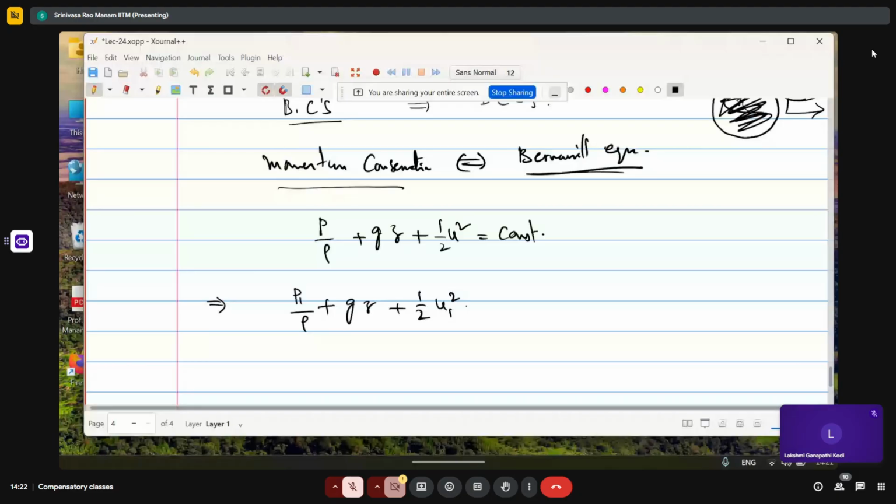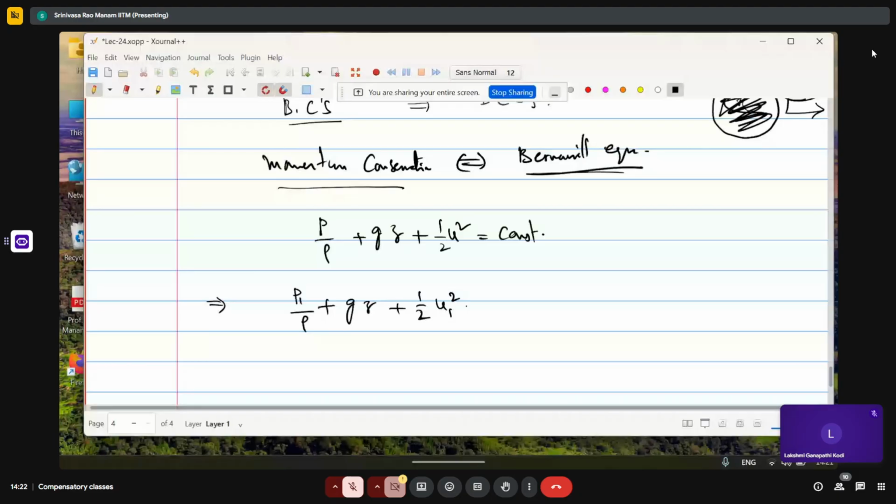Let P1 be the pressure on the surface of this cylinder, that is, at R equal to A. That is the pressure on the surface.